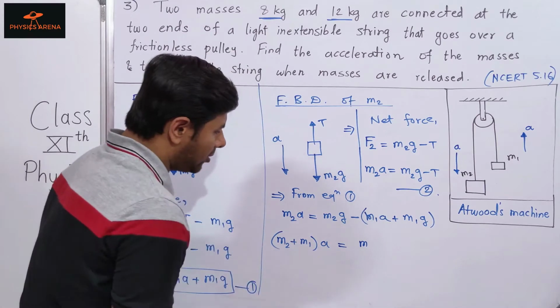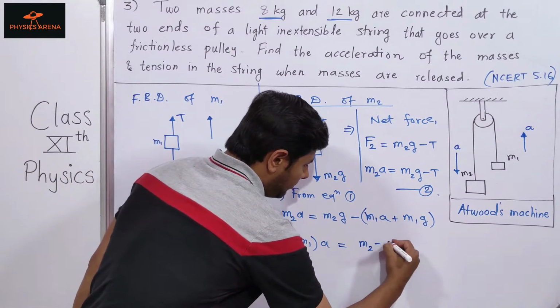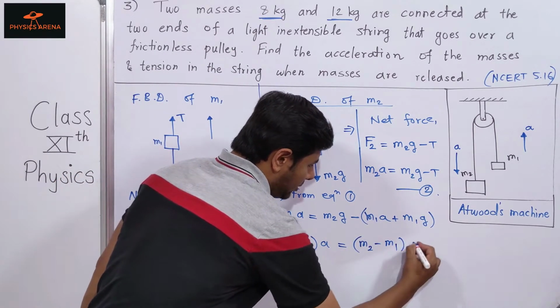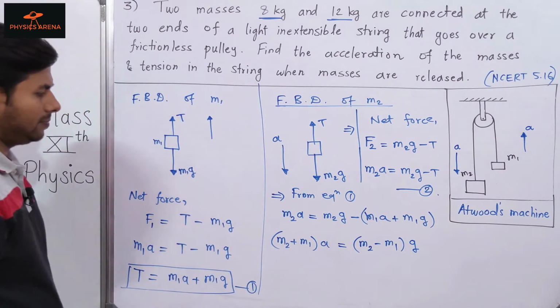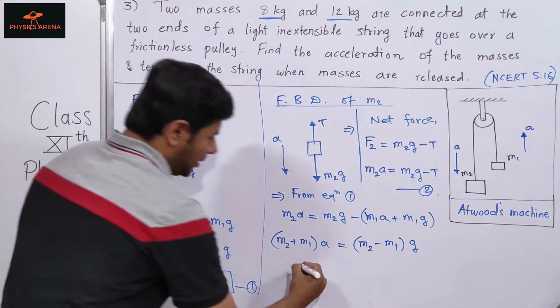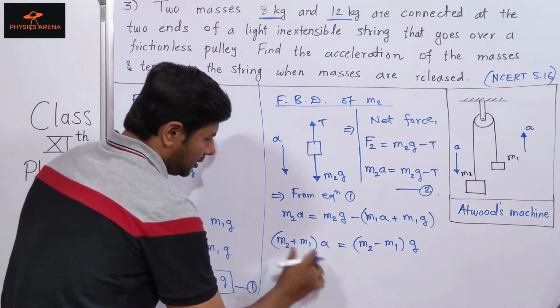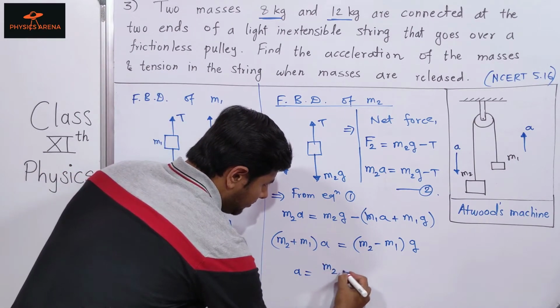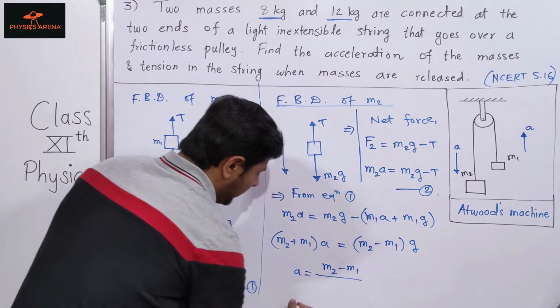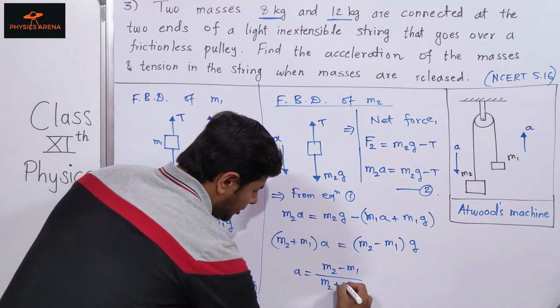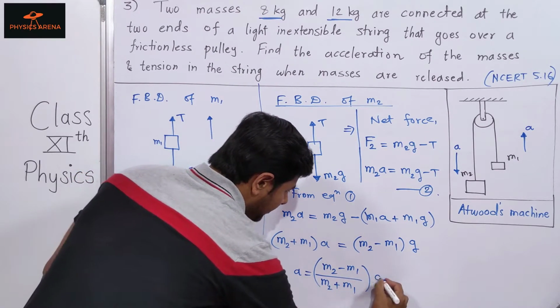So I can take g common, so I'm left with m2 minus m1 multiplied by g. Then A equals m2 minus m1 divided by m2 plus m1, multiplied by g.